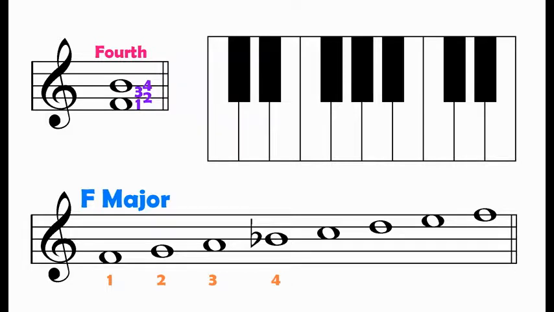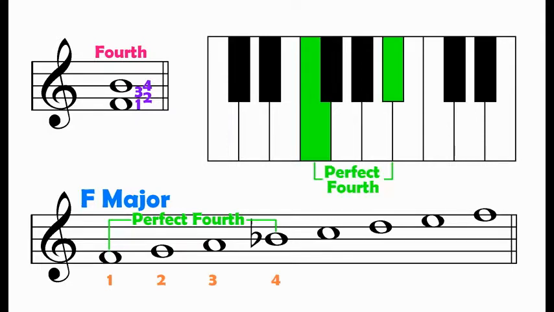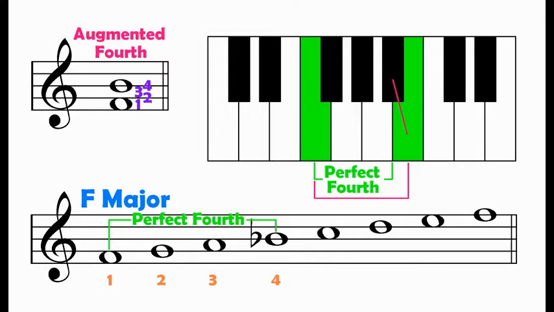Therefore, this B does not fit into my scale and does not form a perfect fourth. If I transfer my perfect interval onto the keyboard and then see what happens when I change the B flat into a B natural, I can see that my interval becomes bigger or augmented. Therefore, the interval between an F and a B is an augmented fourth.